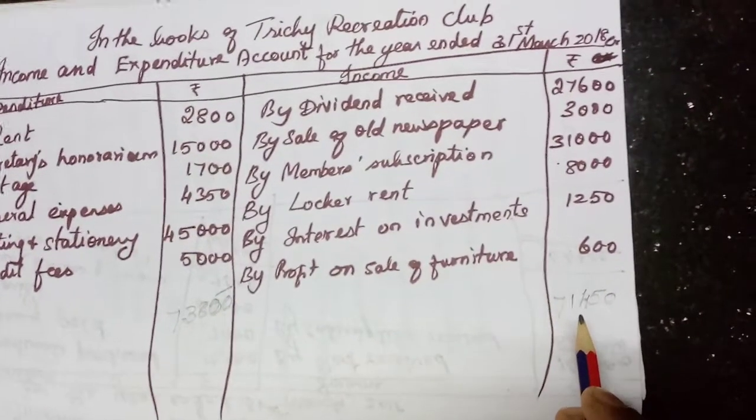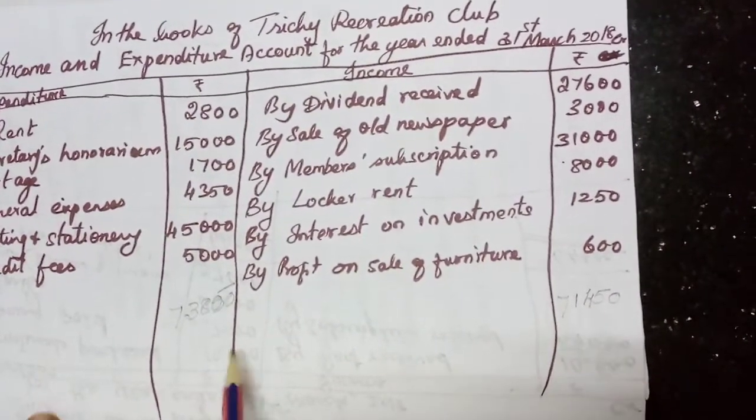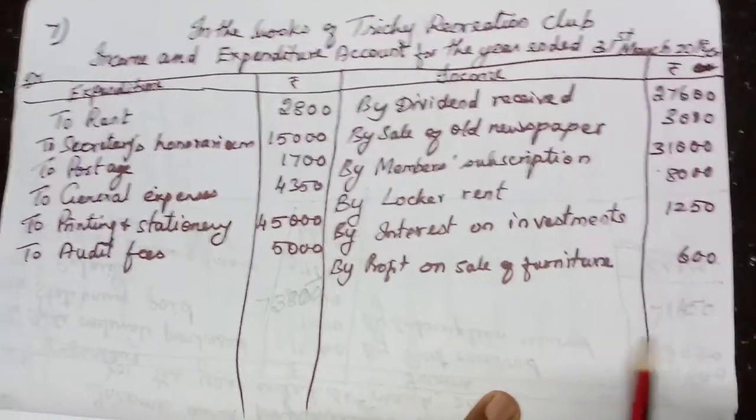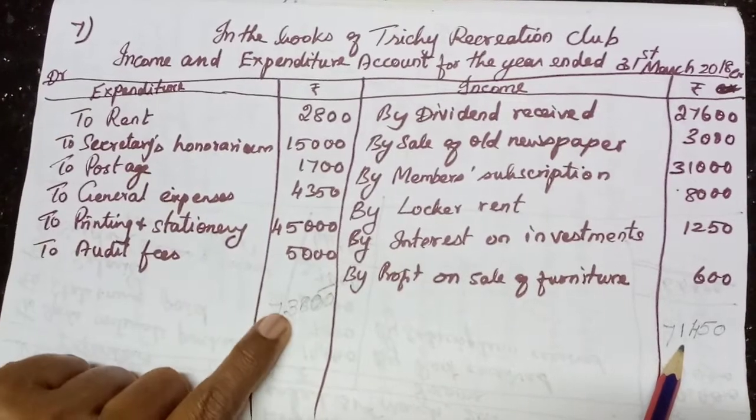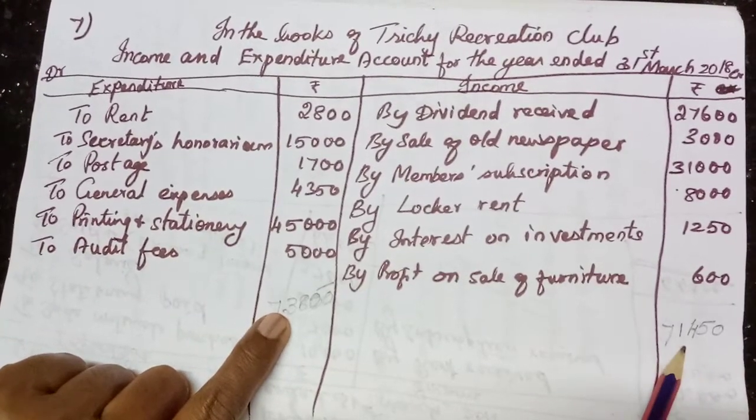So which side have we got more? This. We have got the debit side, the expenditure side, more than the income side.